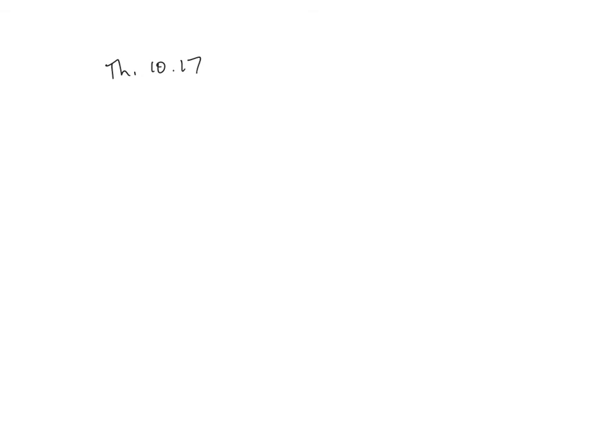So if we have this picture, two tangents, and if they're tangent, I can draw a radius to make 90 degrees. Let me put this one on the other side.